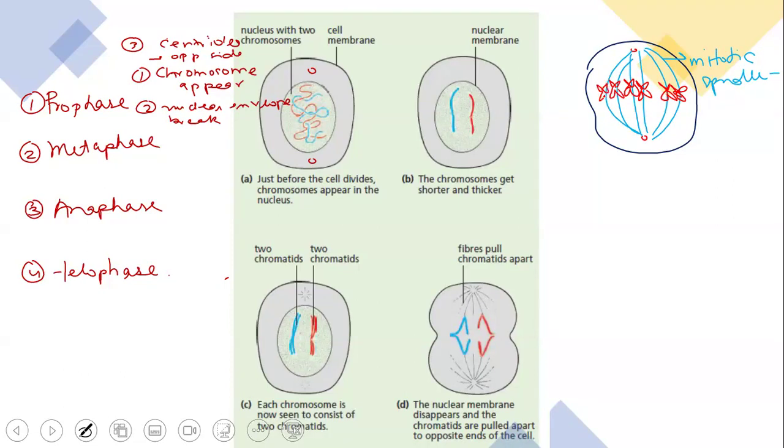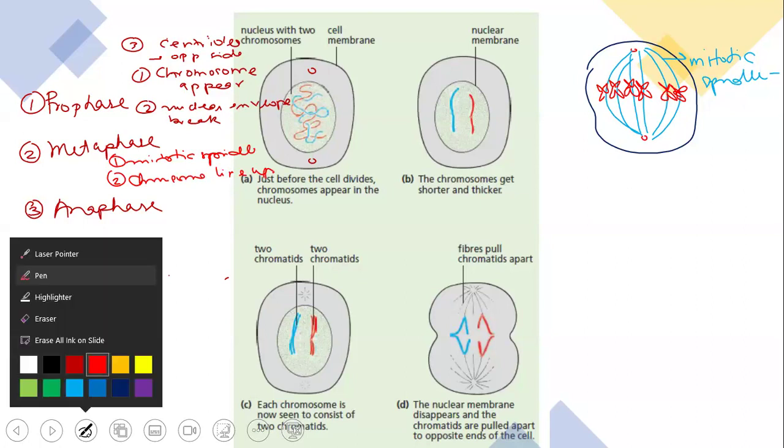This is metaphase. So in metaphase, the mitotic spindle is going to form. That's the first observation you are going to see: your mitotic spindle is the thread-like structure that helps in mitosis. So the mitotic spindle will form and all the chromosomes are going to line up right where the center of the cell is. This is metaphase.